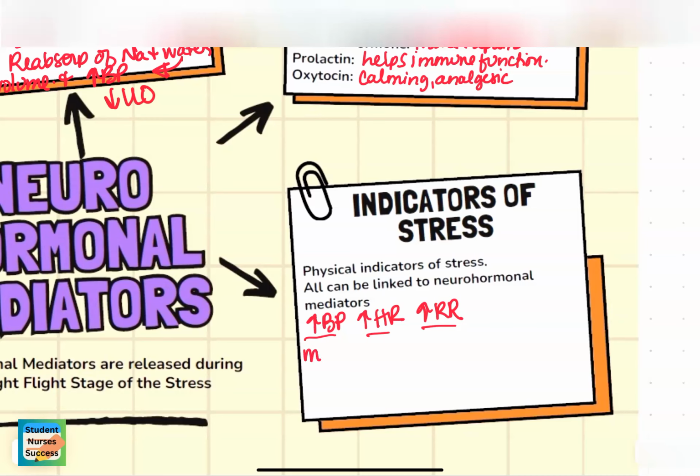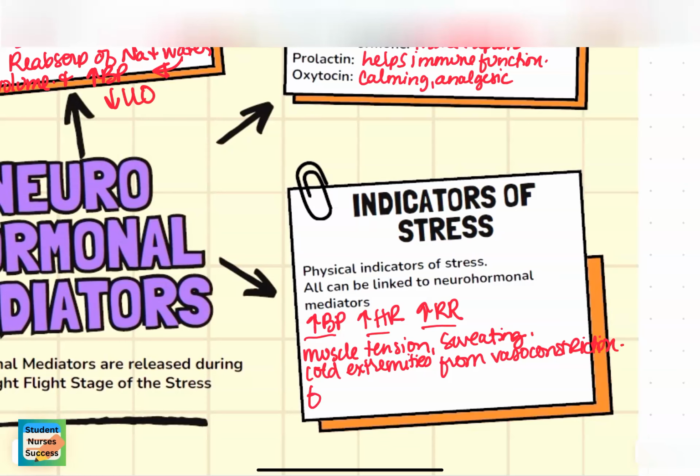Other indicators of stress are muscle tension, sweating, cold extremities, probably from vasoconstriction, fatigue, maybe upset stomach from the norepinephrine and the decrease of the gastric secretions, and hyperglycemia from increased cortisol and increased epinephrine, also known as increased blood sugar.